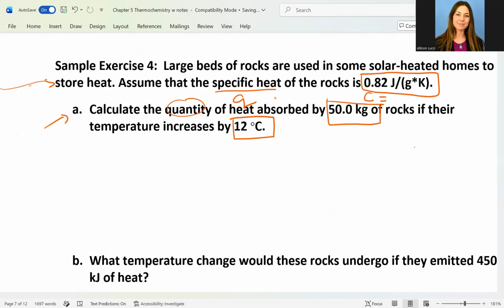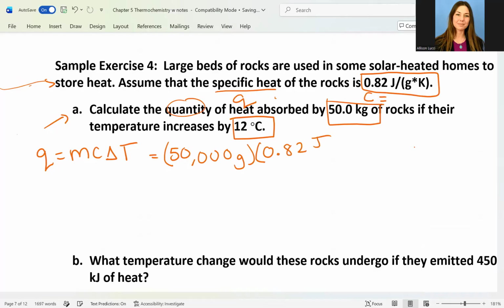We're going to use the equation I wrote out above, Q equals mc delta T, and plug in some values. Due to the units of C, our mass will have to be in grams, so I'm going to multiply 50 kilograms by 1,000 and plug in 50,000 grams. The specific heat capacity is given as 0.82 joules per gram Kelvin, and I know that that's the same as Celsius.